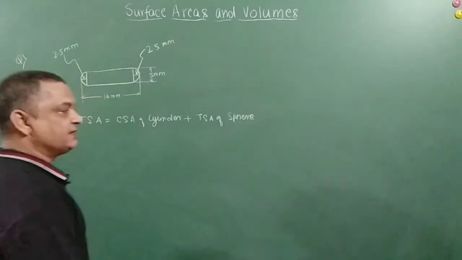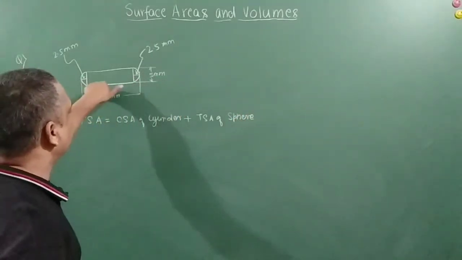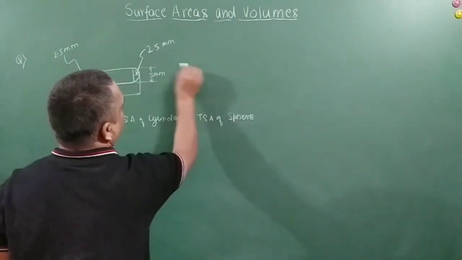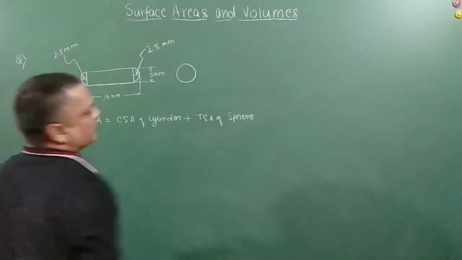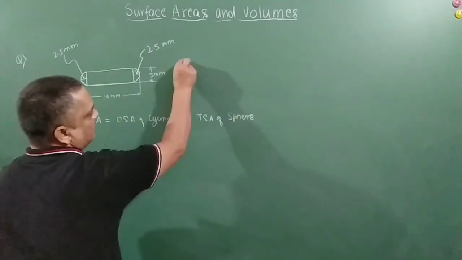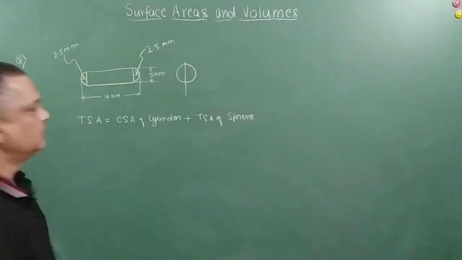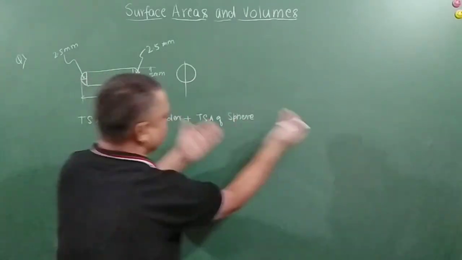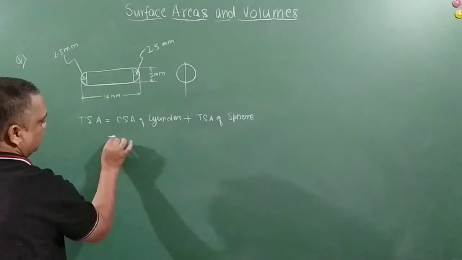Why am I considering a sphere? Because these are two hemispheres. So let us say you join them here, and then that becomes like this. Correct? So this is one sphere. So total surface area of the sphere or curved surface area of the sphere, both are same thing.